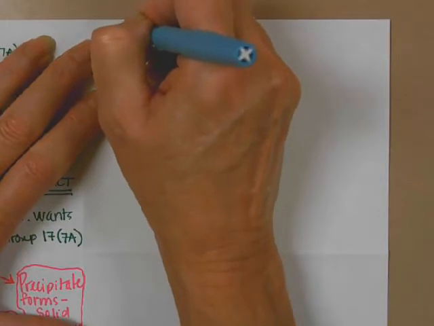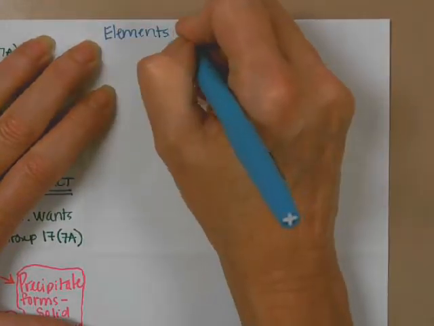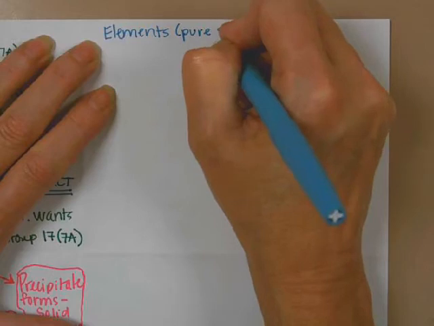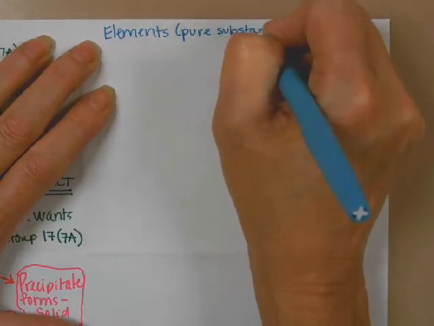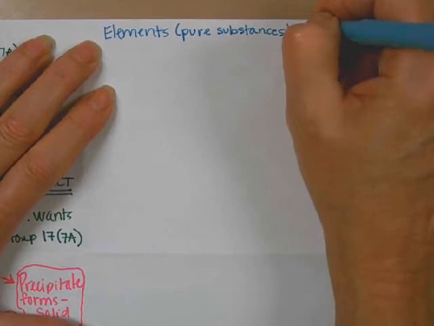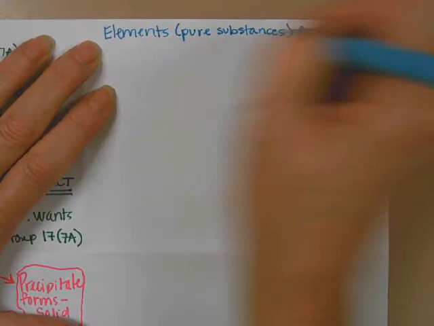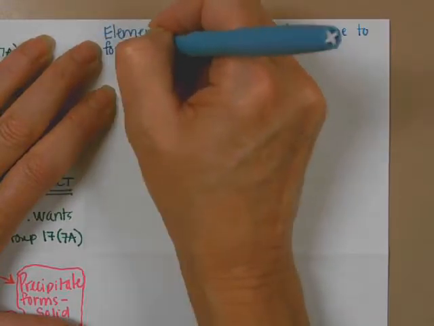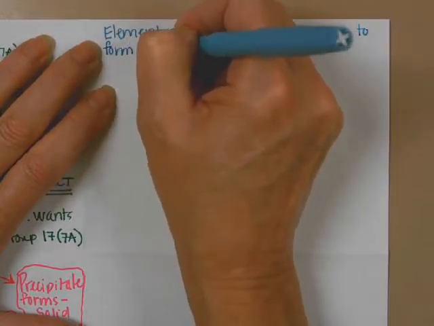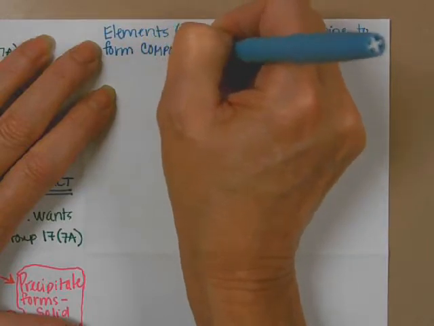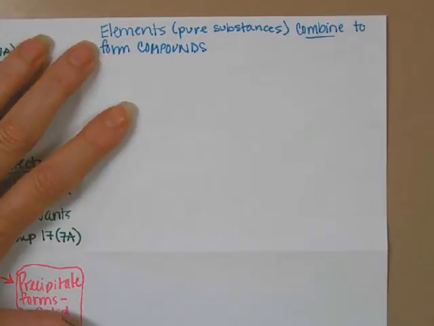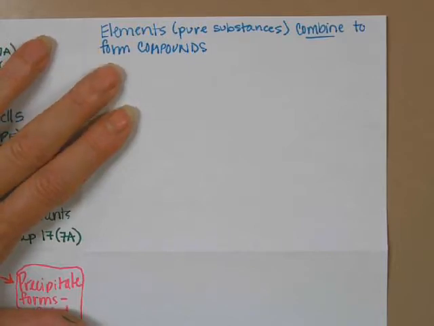Elements, remember, those are the pure substances on the periodic table, combine to form compounds. Sometimes we call the compounds molecules, because molecules are any two elements in combination, whereas a compound literally has to be two or more different elements in combination.